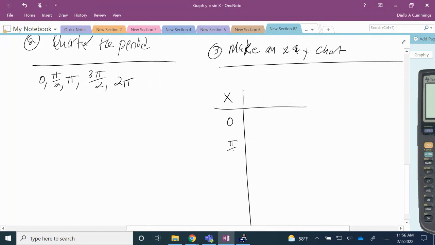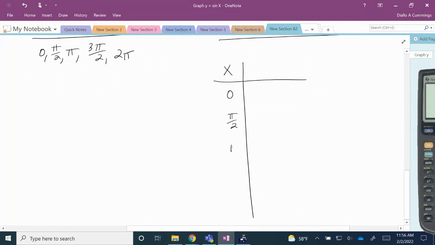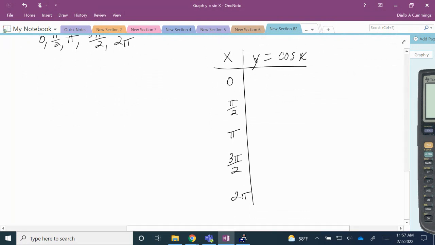So we have 0, pi over 2, pi, 3 pi over 2, and 2 pi. The Y values are equal to cosine X. Okay.